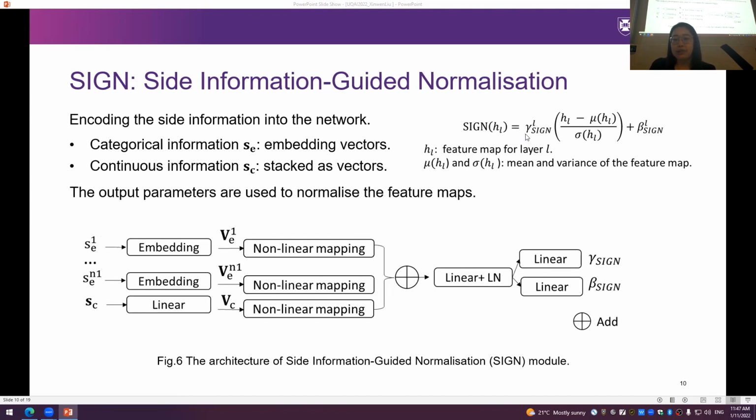It's more like you change the gamma and beta, then change the style of the feature map. So basically, in the AdaIN case, the gamma and the beta are learnable, but in our case, they depend on the input. Yeah, so the work is inspired by AdaIN, but I think it's an extension of adaptive instance normalization.